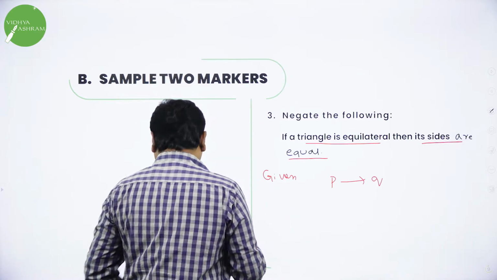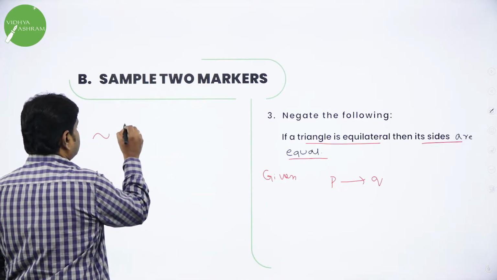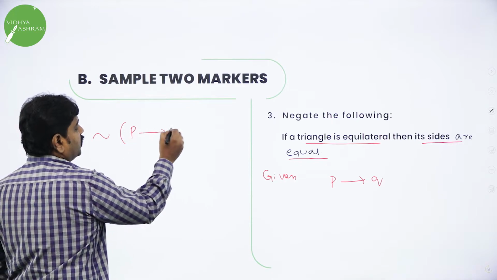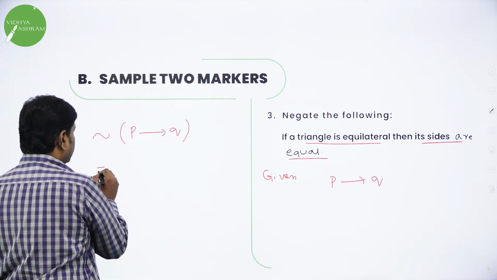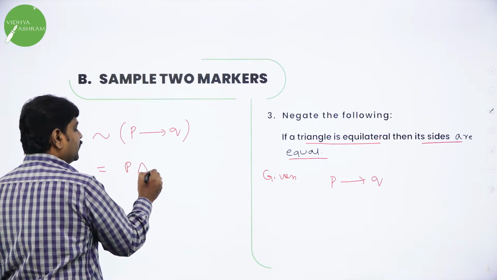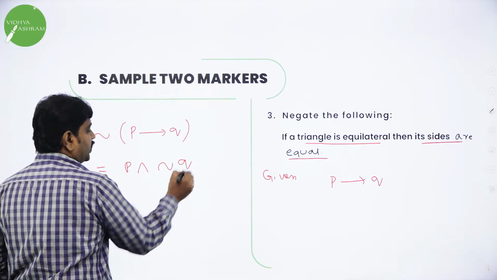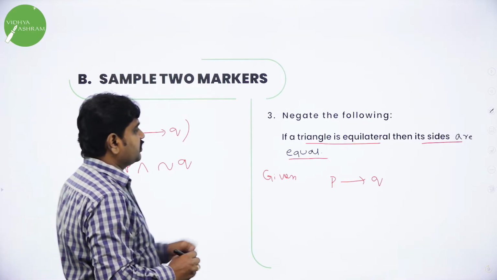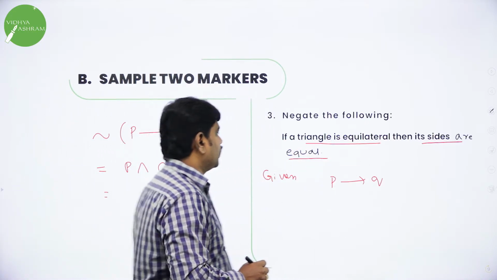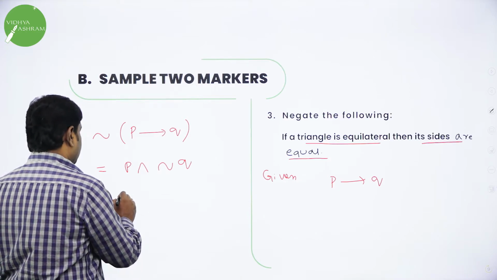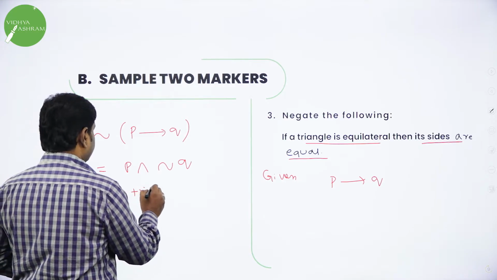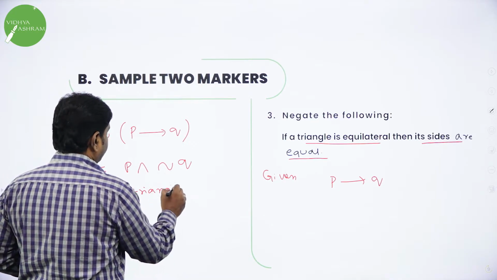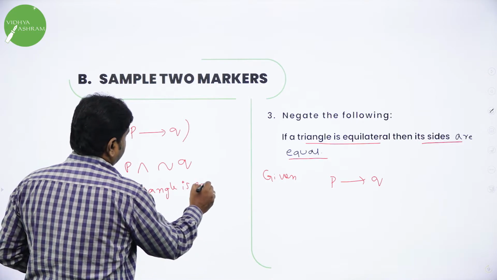So I need to negate this. What is the negation of P implies Q? Just now I taught you, it is equal to P and not Q. P means the first statement. What is the first statement? A triangle is equilateral.